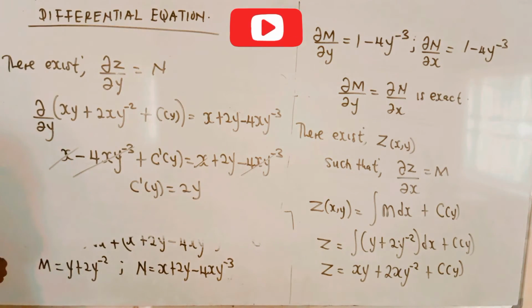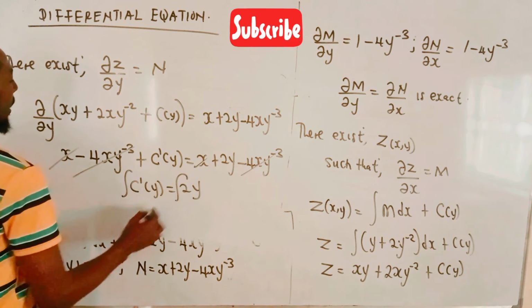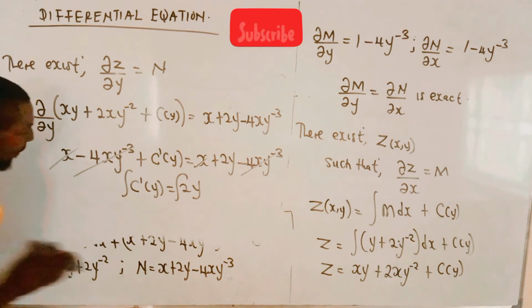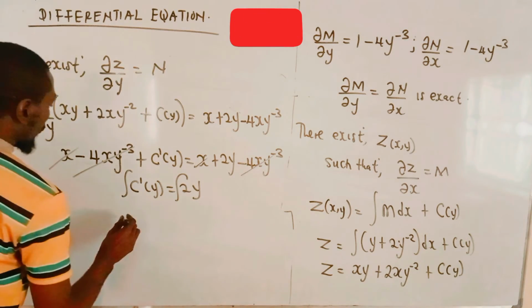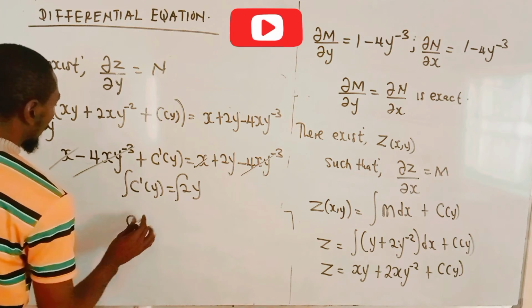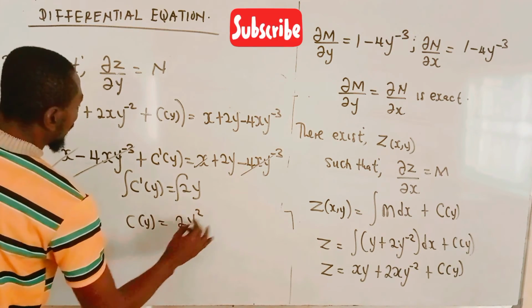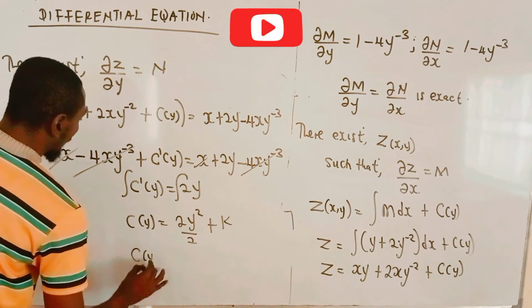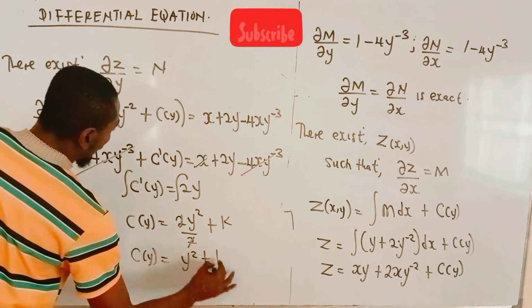Okay? Then to make c of y the subject, we integrate both sides so that we have c of y equal to 2y squared over 2 plus k, so that c of y finally is equal to y squared plus k.